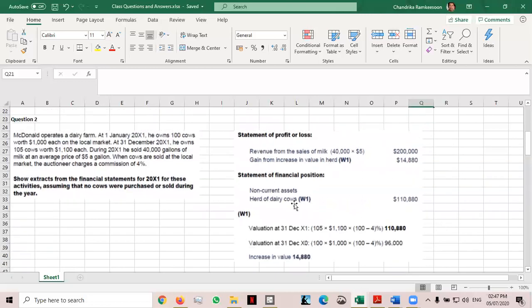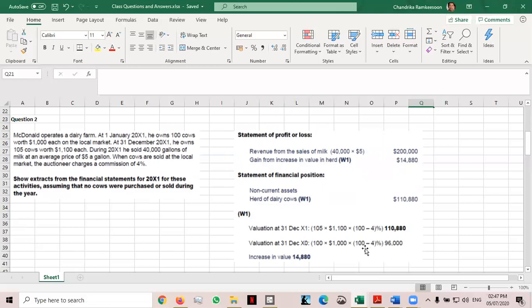Working 1, valuation at 31st December X0. 100, that's the 100 cows, times $1,000, times 96%.